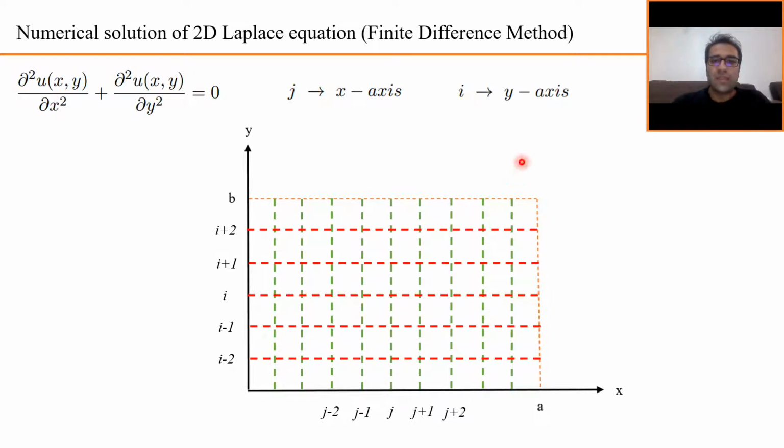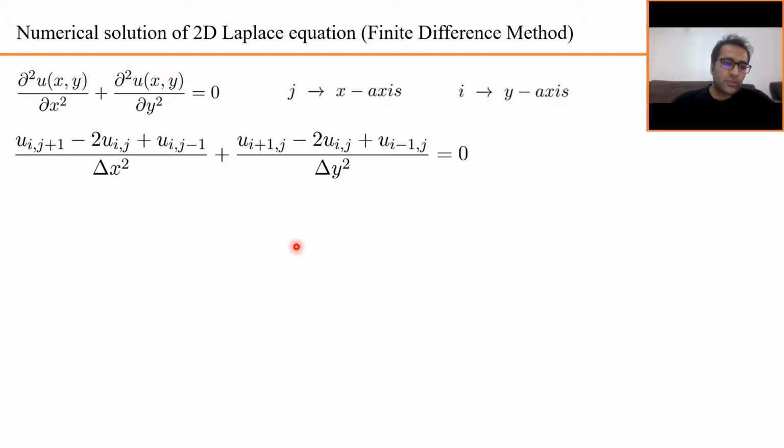For the y-axis, we define any point with the index i, right? So any point u_ij here, or u_ji, no matter, will represent the value of the function at that point. u at x, y will be equal to u_ij or u_ji. But here, because j represents the x-axis, it should be u_ji, right?